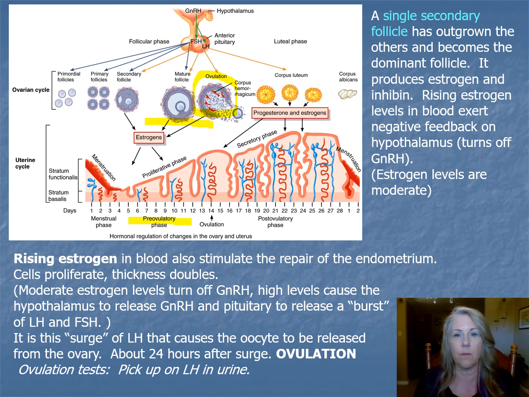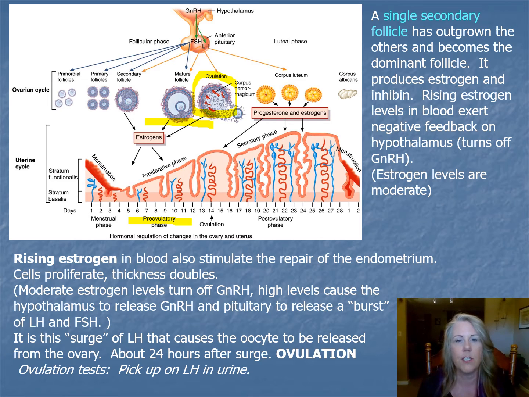It's going to cause the pituitary to release a burst of the follicle stimulating hormone and luteinizing hormone into the blood. So one day we have little, the next day we have a lot, all goes into the blood. We call that a surge. So we now are experiencing a surge of follicle stimulating hormone and luteinizing hormone in the blood.